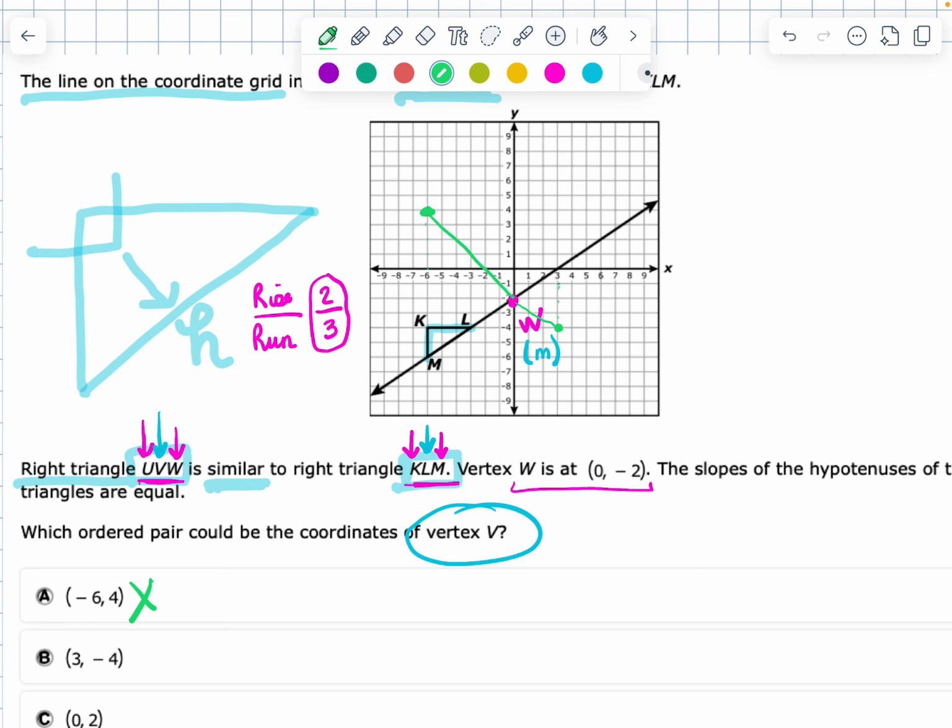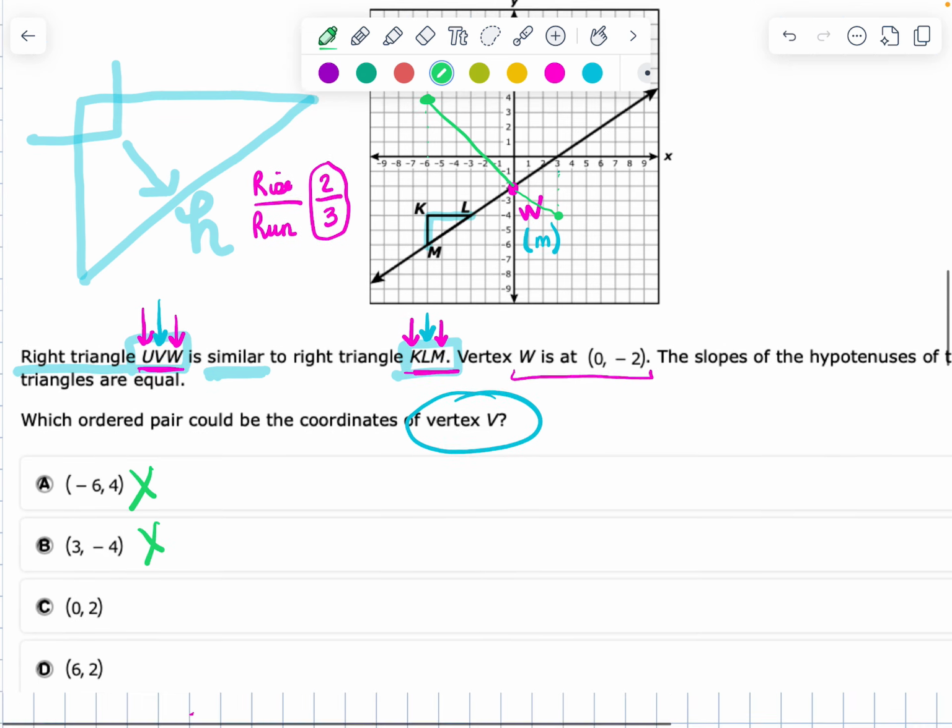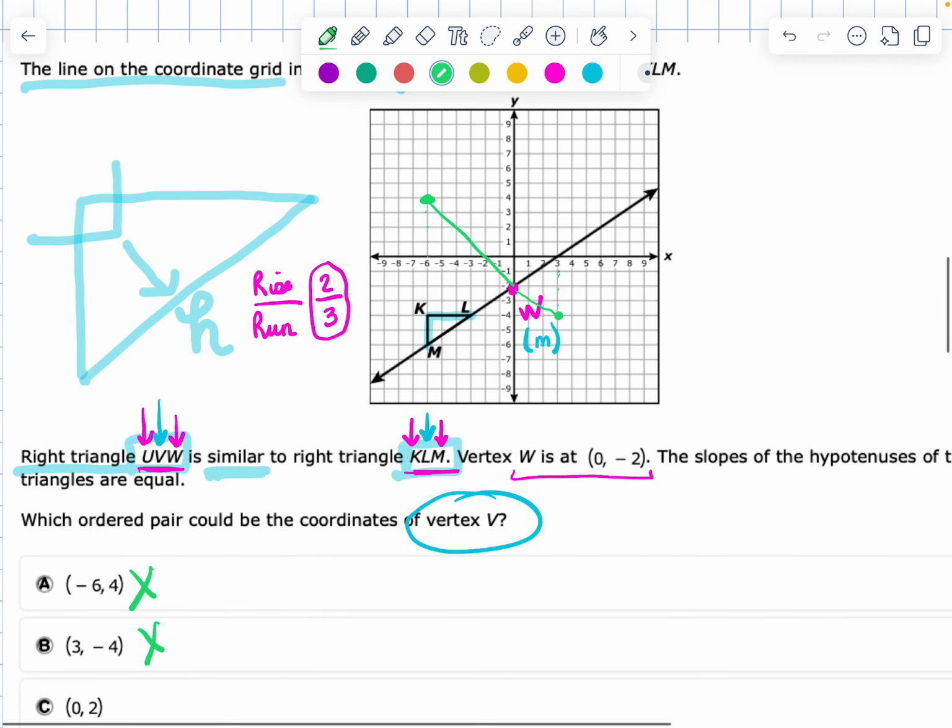Again, same problem. It's not the same line. It's not the same slope. And (0, 2) is the next one, right here. Well, there's no slope there, and it's obviously not the same.